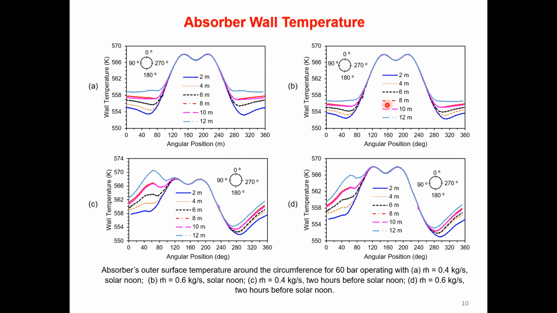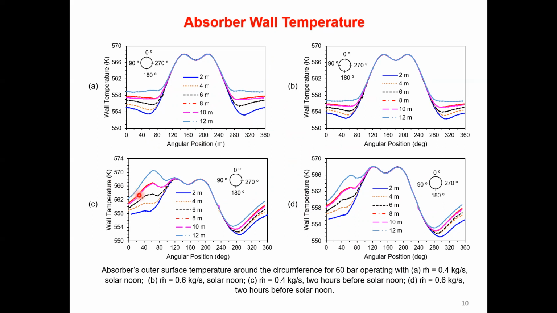These two graphs are for heat flux profile corresponding to solar noon, and these two graphs are for heat flux profile corresponding to 2 hours before solar noon. It has been found that the absorber surface temperature varies between 551 Kelvin to 570 Kelvin.